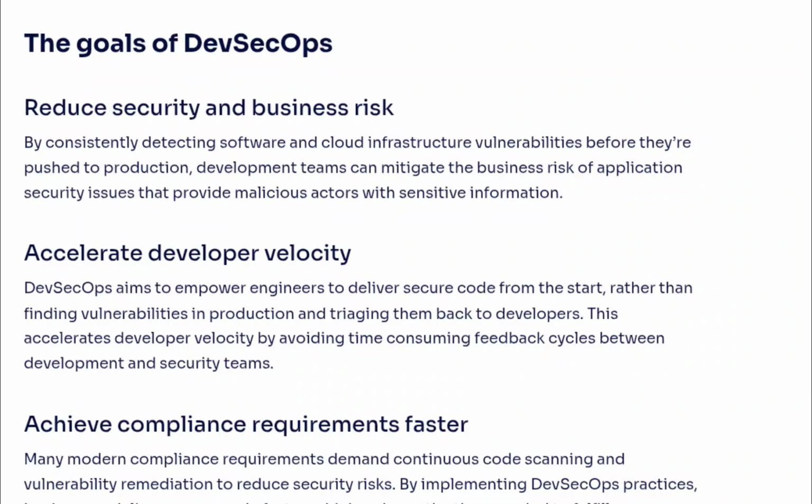Now coming to the goals of DevSecOps. The first goal of DevSecOps is to reduce security and business risk by continuously detecting software and cloud infrastructure vulnerabilities before they pass into production.